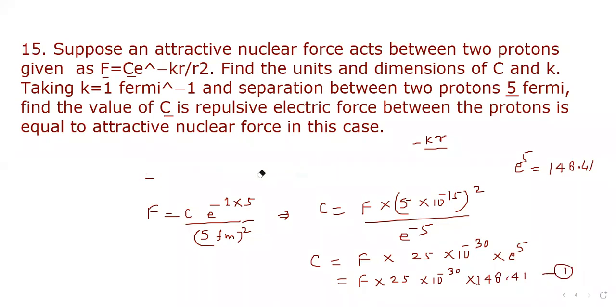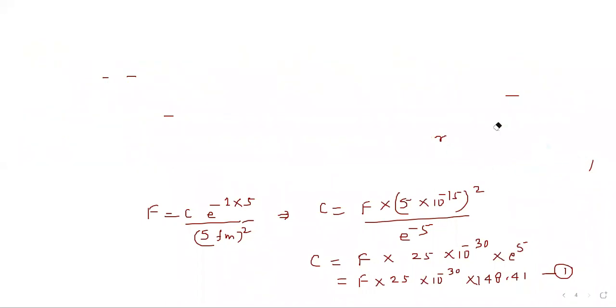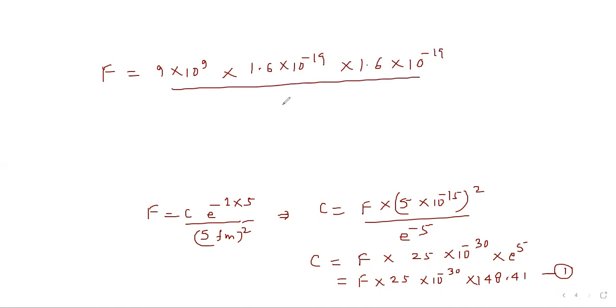Now, we have to calculate the force between two protons when they are at a separation of 5 Fermi. So we can easily do it. F equal to 9 into 10 to the power 9 into charge on proton 1.6 into 10 power minus 19, 1.6 into 10 to the power minus 19, divided by separation 5 into 10 to the power minus 15, square.